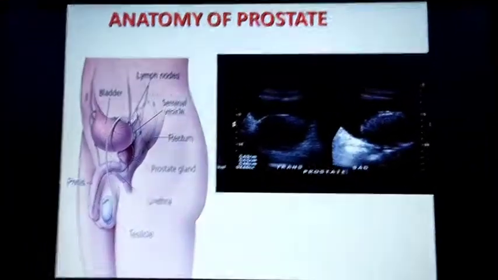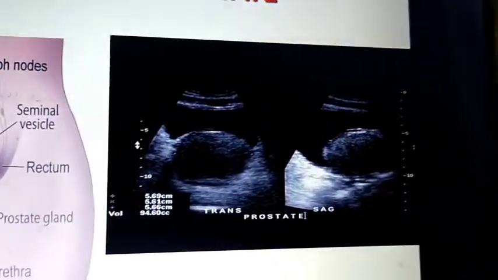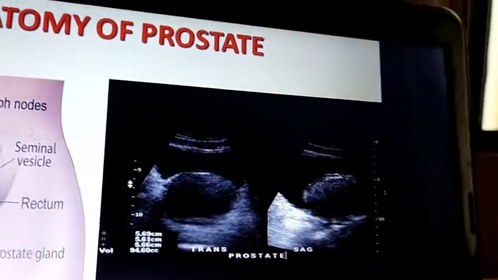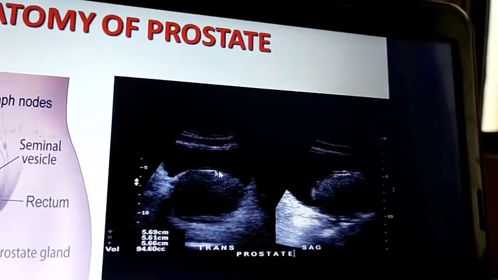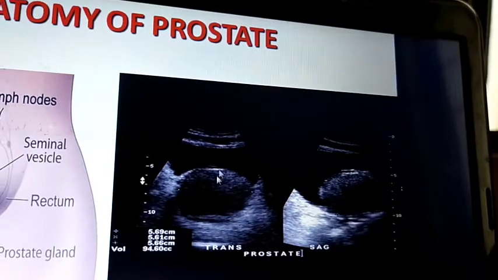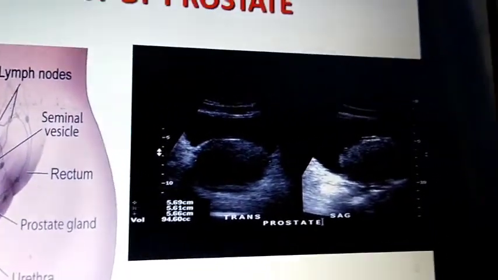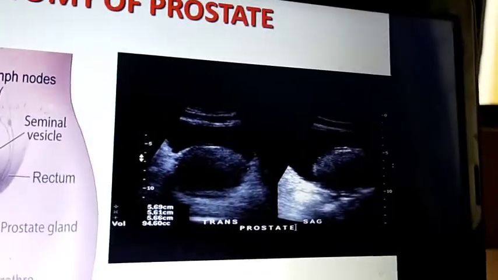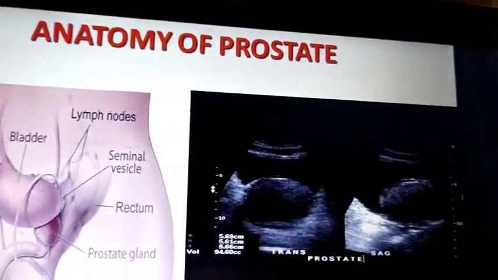Okay, you can see here, this is a USG, ultrasonography of a prostate gland. This is above, this is the bladder, and this is the prostate. Like that you can see in the ultrasonography view. Okay, we can go for the next slide.